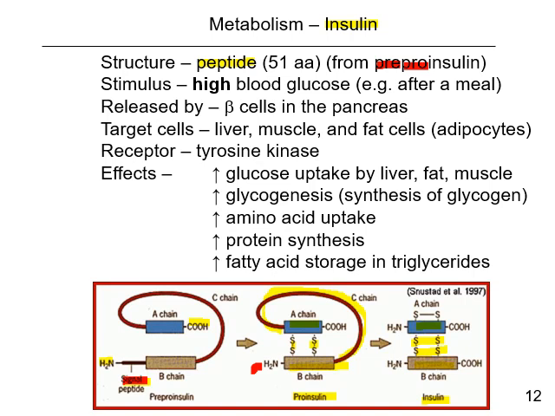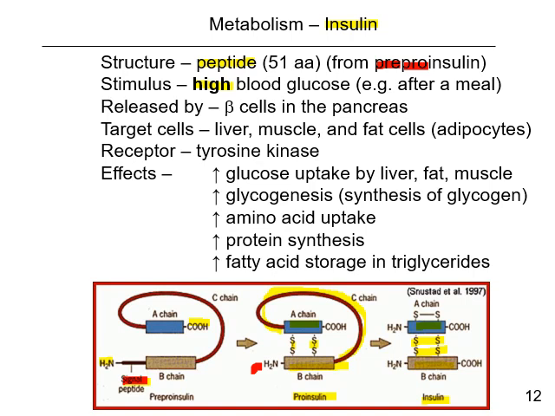The stimulus for insulin is high blood glucose. So when you eat a meal and your digestive tract digests the nutrients that you ate, glucose goes up. This is the subject of a section in A&P 2.